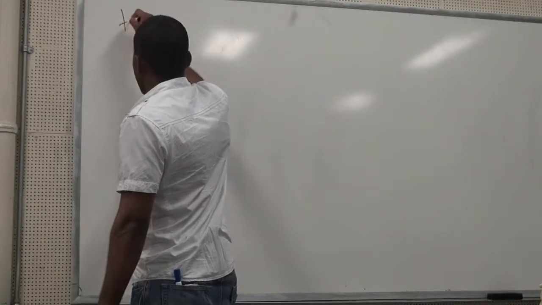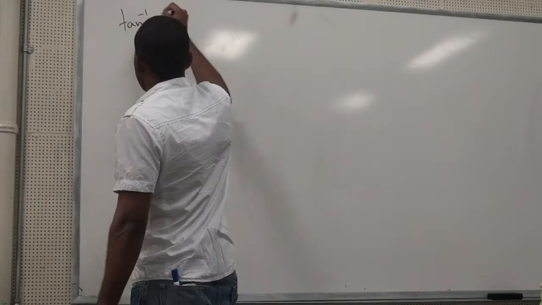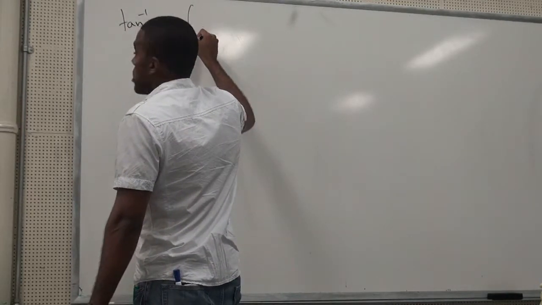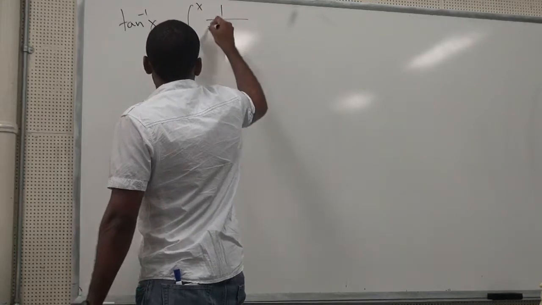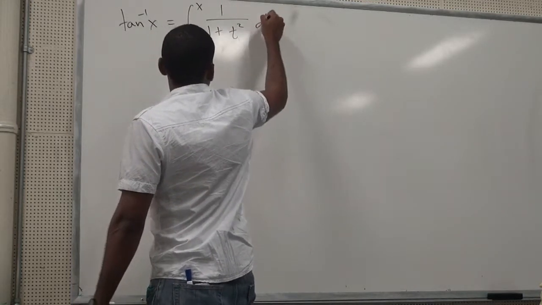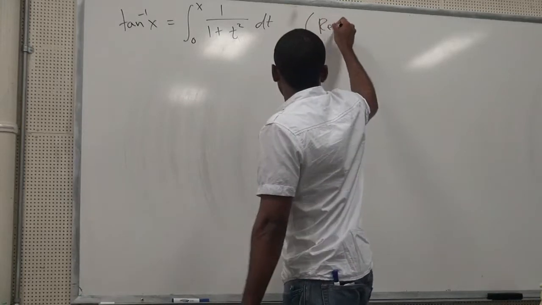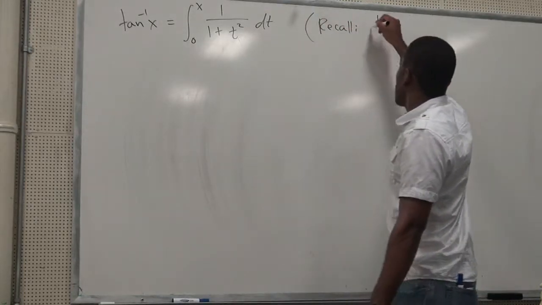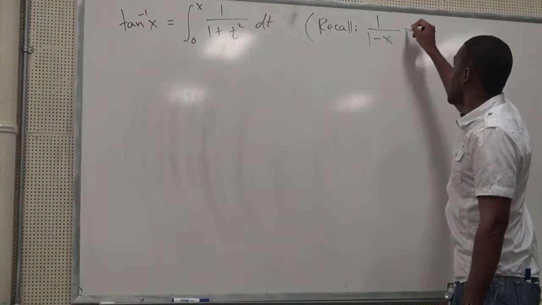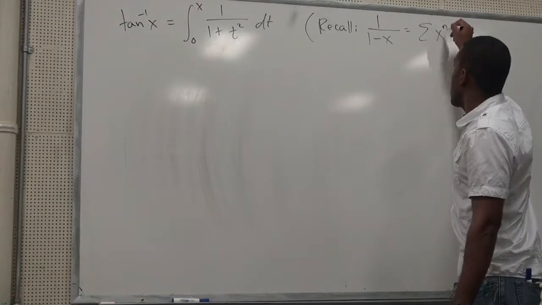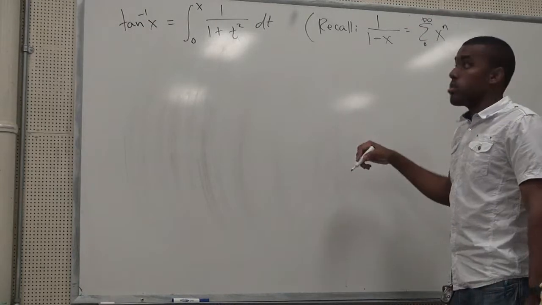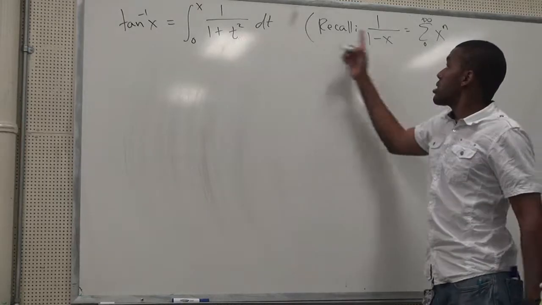So here we know that tan inverse x is equal to the integral from 0 to x of 1 over 1 plus t squared dt. Now, here you recall that 1 over 1 minus x is equal to the sum of x to the n from 0 to infinity. So the idea is you want to write this to look like that.